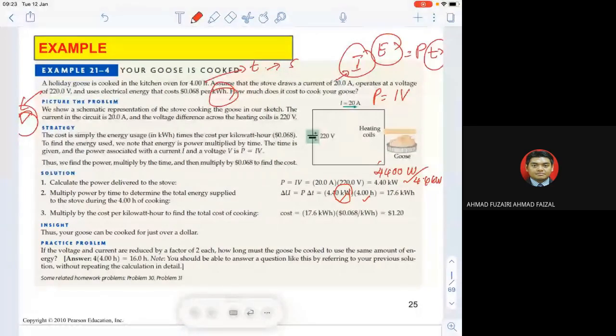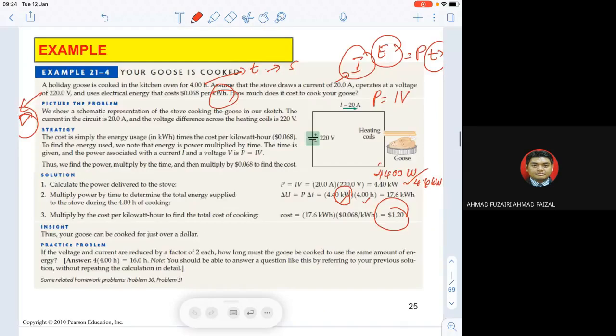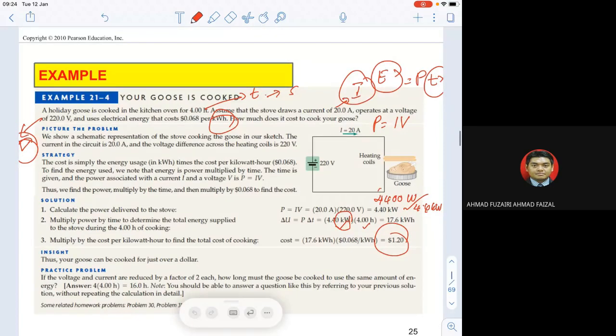And of course, the 1 kilowatt hour is equivalent to 0.068 dollar. So in this case, we need to pay $1.2 in order to cook the goose, right? So it's a very good example on determining the usage of the electricity.